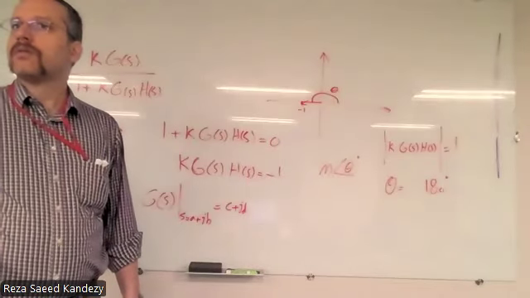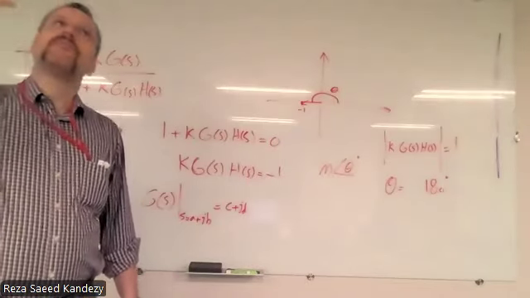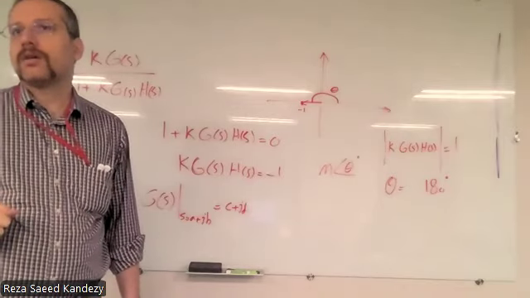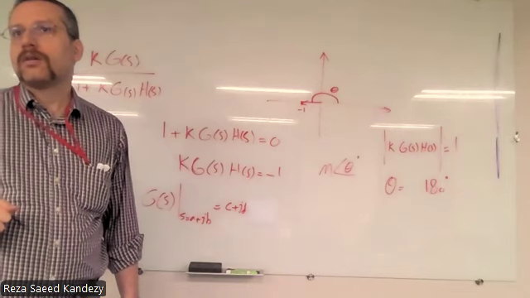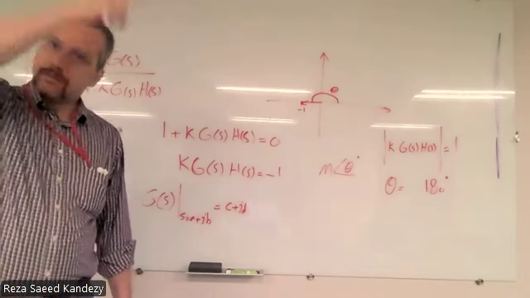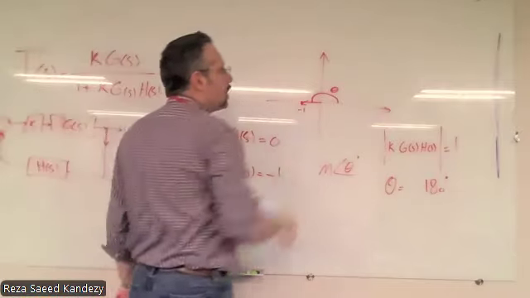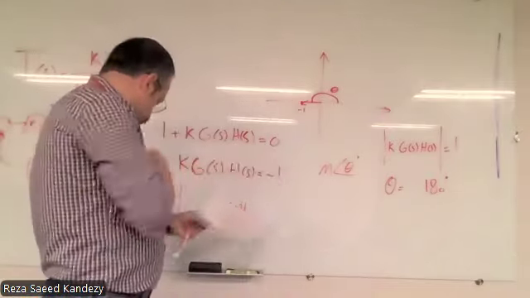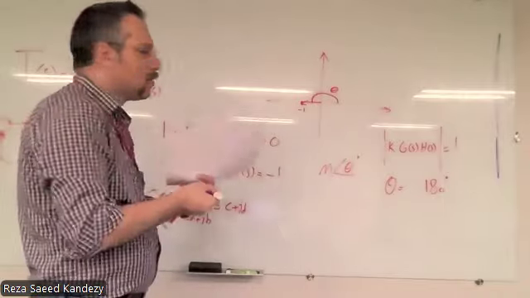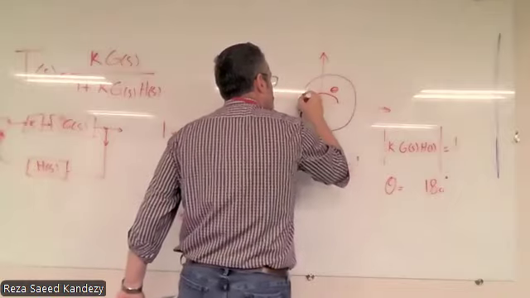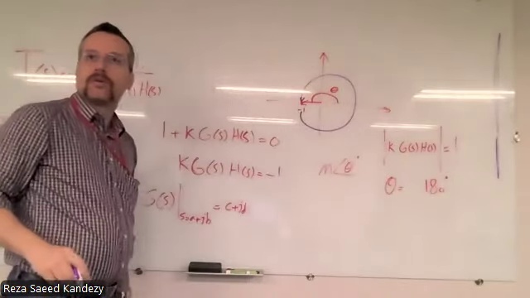Negative 180. Negative 180 is also correct. What is the negative 180? We're just rotating, right? Okay. So it could be 180, or we can turn a whole cycle and come back to this point.